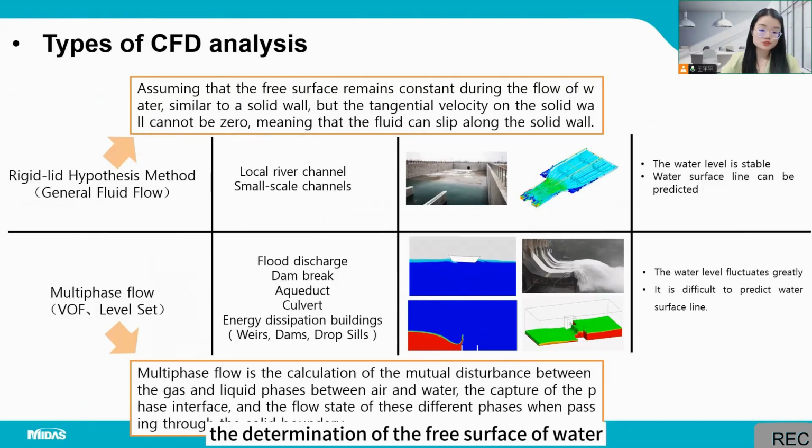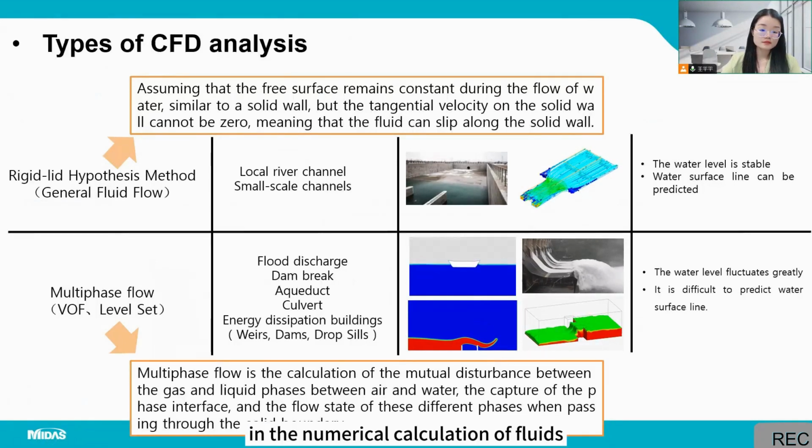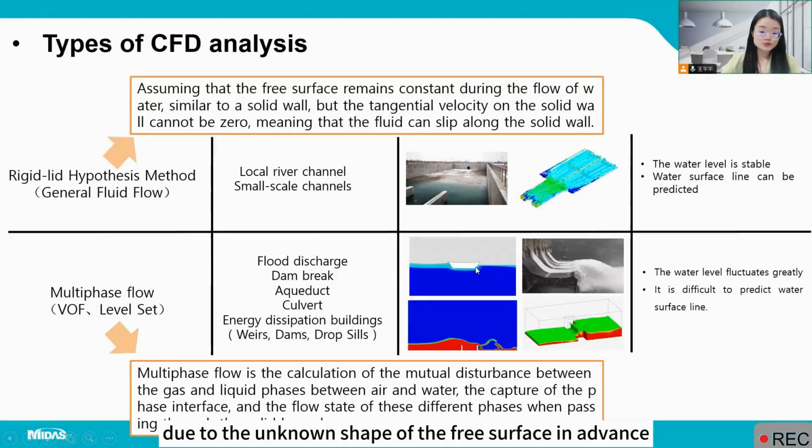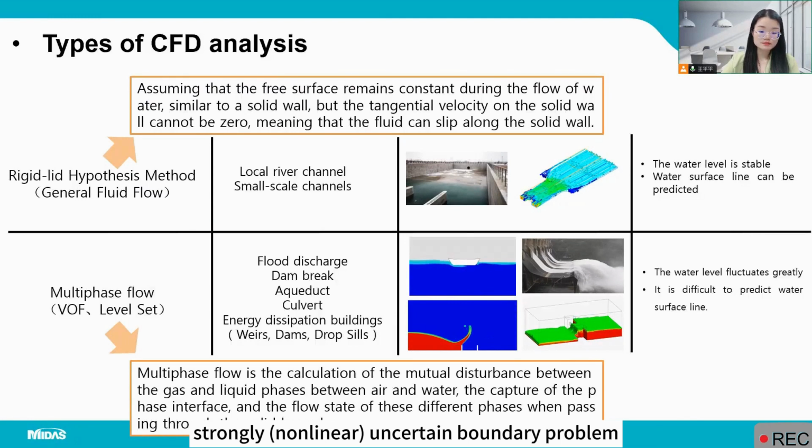The determination of the free surface of water flow is one of the more complex problems in the numerical calculation of fluids. Due to the unknown shape of the free surface in advance, the free surface problem is a strongly uncertain boundary problem.